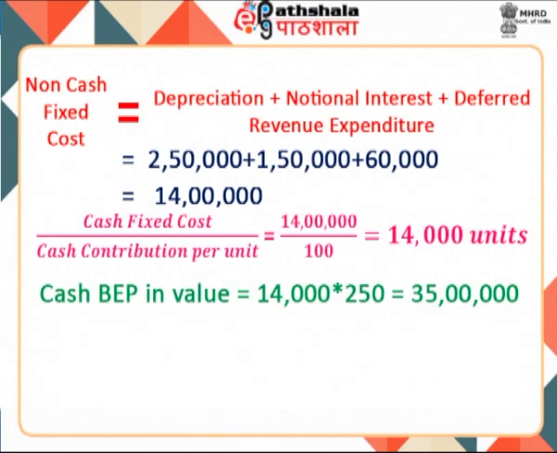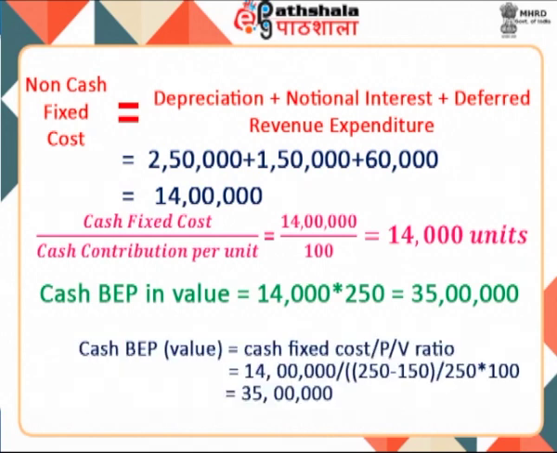We can also work out the cash break-even point in value by using the formula, that is by dividing cash fixed cost by PV ratio as shown here.